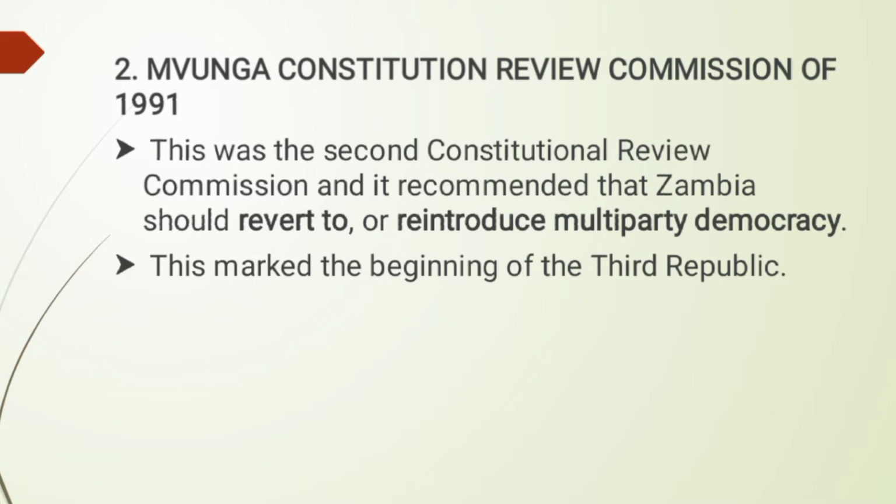They said, no, we can't be having one party. They said we should reintroduce multi-party. People must be free to make parties of their own as long as they are able to run them. So the Mvunga Commission of 1991 was meant to reintroduce multi-party democracy in Zambia. I hope we are together here.